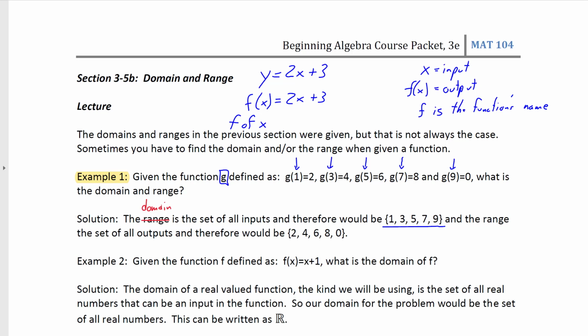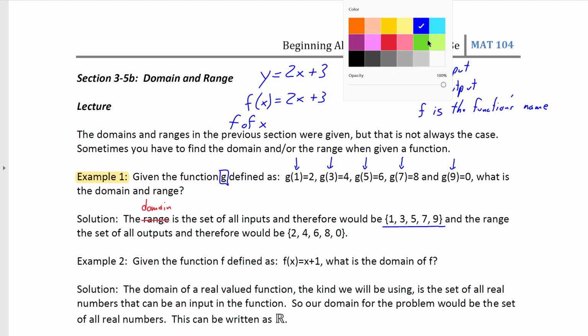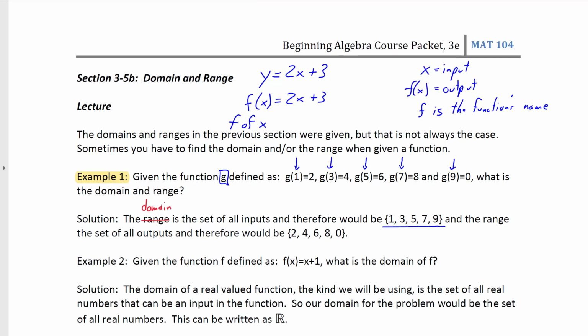For the range, let me change colors. For the range, the output is represented by the whole g of whatever. So g of 1's output is 2. g of 3's output is 4. g of 5's output is 6. g of 7's output is 8.